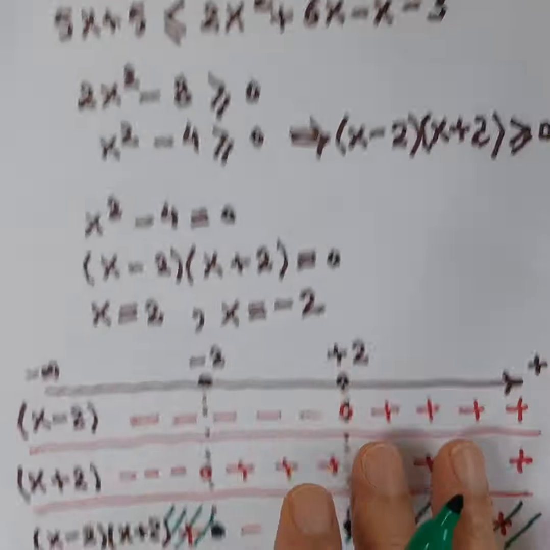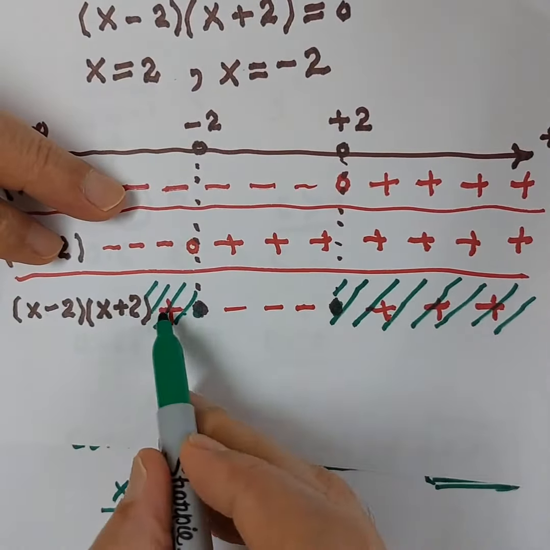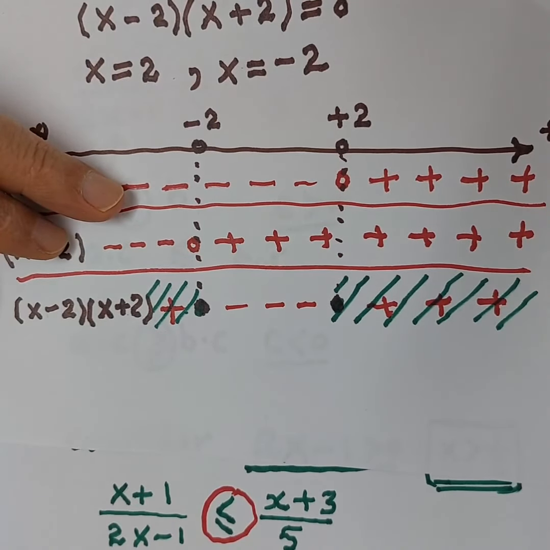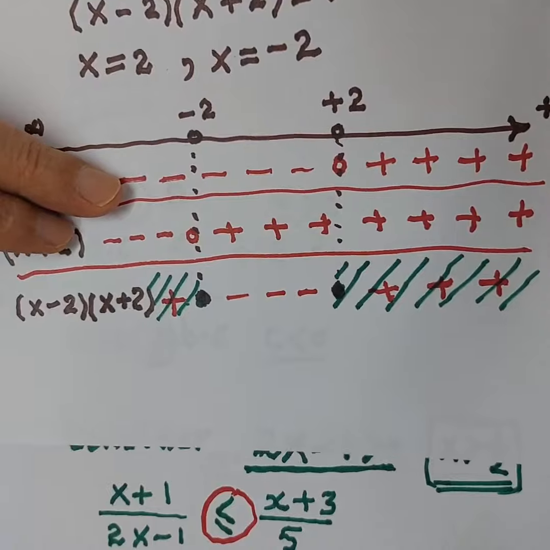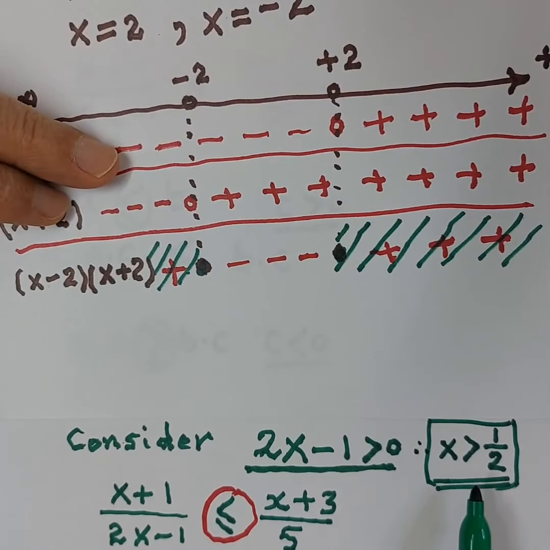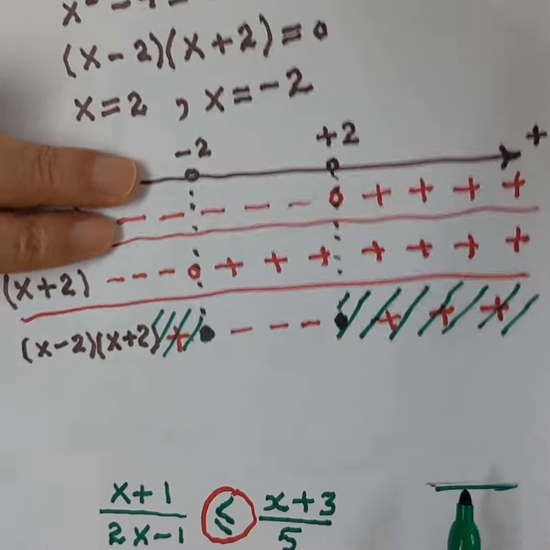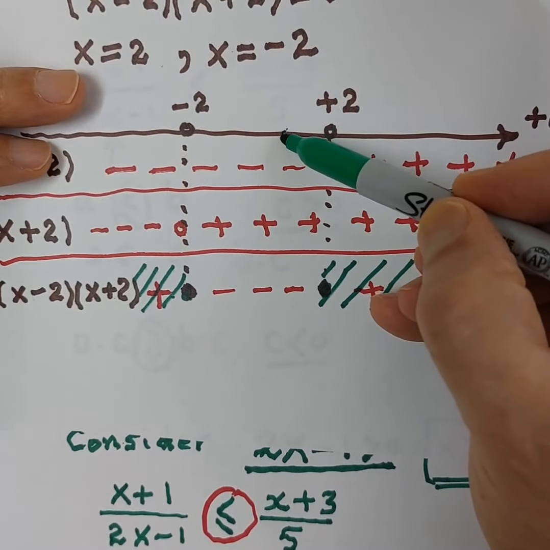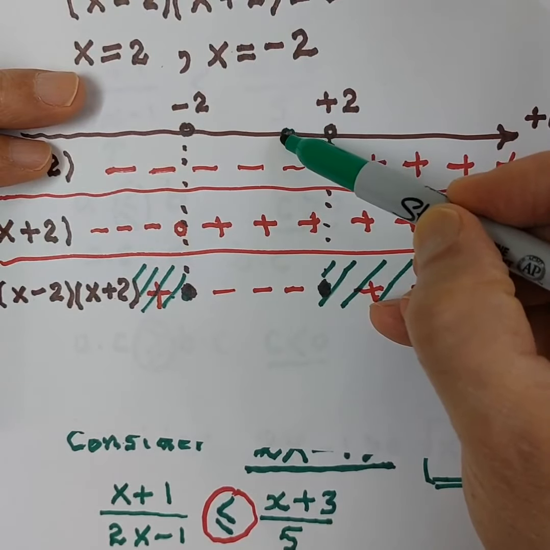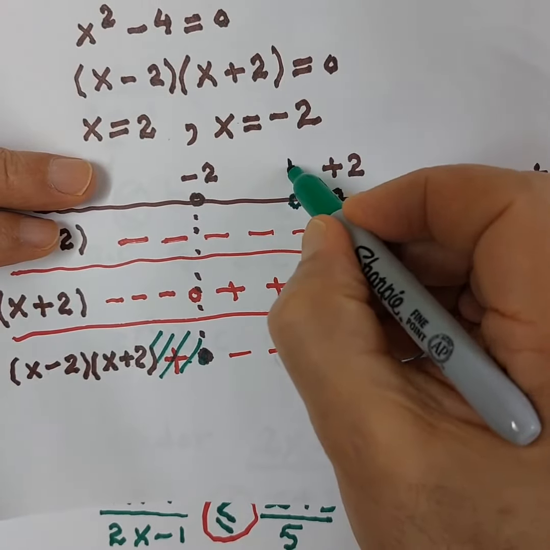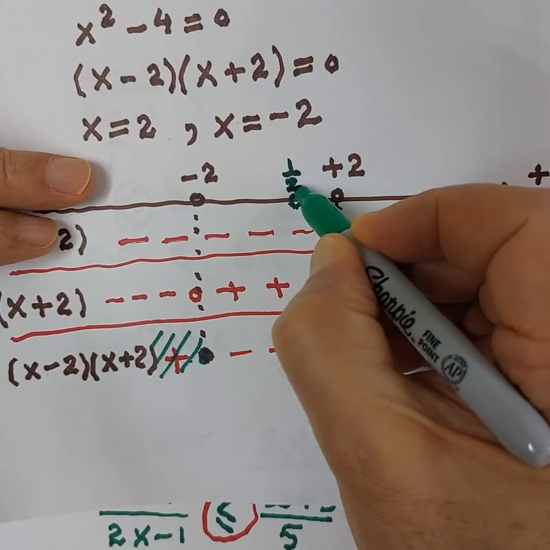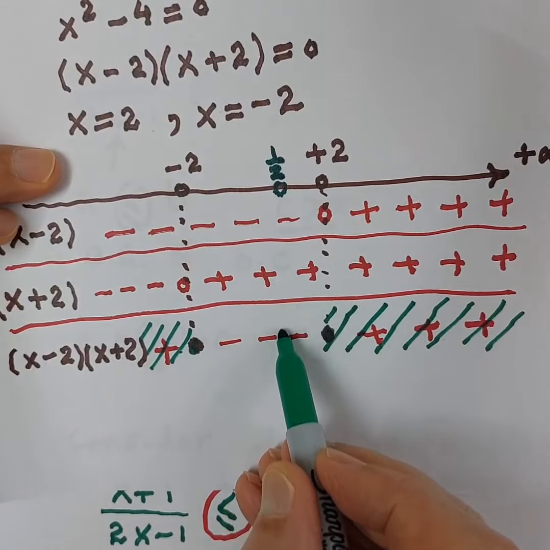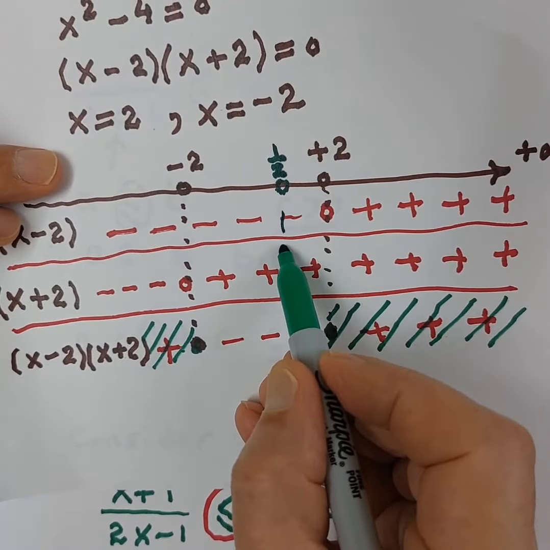So here, as we got these two intervals, we will just get part of them, not all of them. The part which coincides with the condition, x is greater than 1 half. Where is 1 half? 1 half is here. So we will get all the parts which coincide.